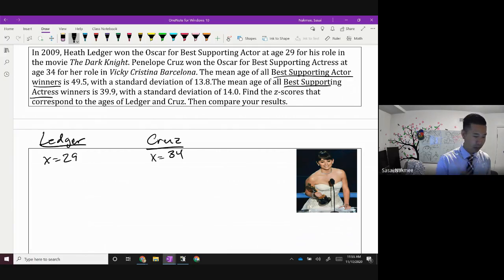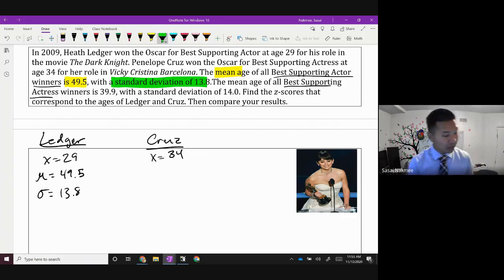Anyways, not important. The mean age for all best supporting actor winners is 49. So that tells me the mean for males is 49.5, with a standard deviation of 13.8. That's right here. Hey, wasn't he the Joker? Yeah, that's what he won the role for.